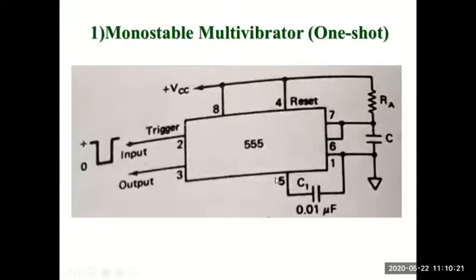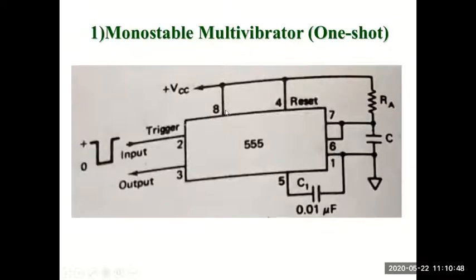If you don't want to do that, you just connect a capacitor of 0.01 microfarad from pin 5 to ground. That's what we have done. For our purposes, it's enough to keep the fixed comparison level of 2 by 3 VCC at the upper comparator, so we'll not give any external voltage here. We just connect a capacitor to ground to prevent any noise effects.